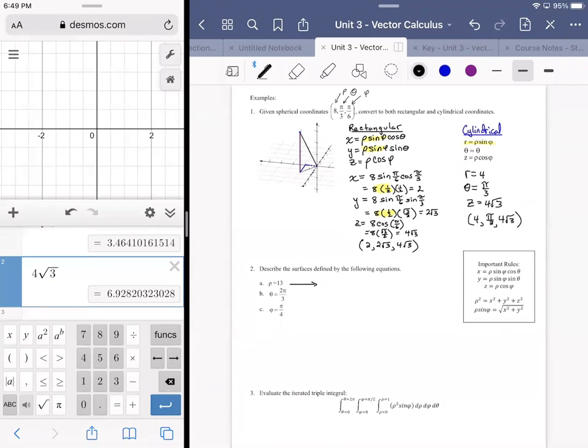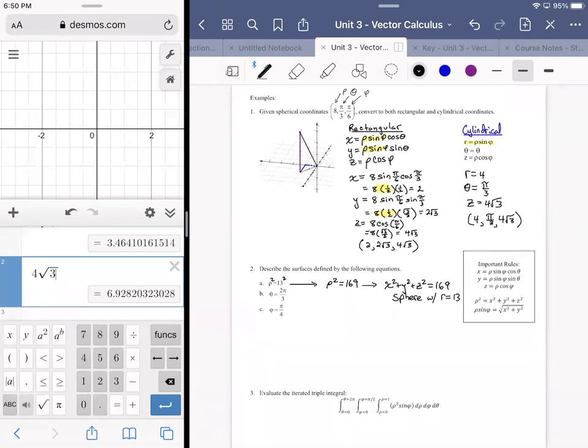So I can square both sides and come up with rho squared equals 169, which is x squared plus y squared plus z squared equals 169. That's a sphere with radius equal to 13. And that's great news.